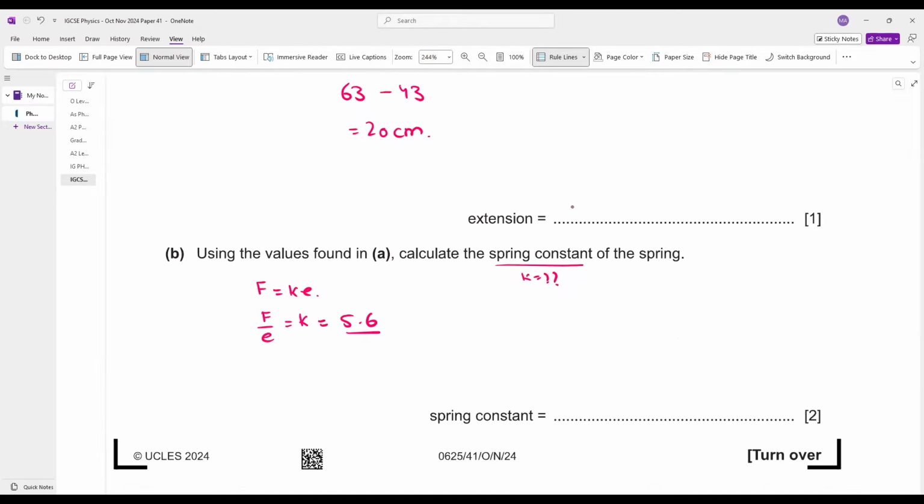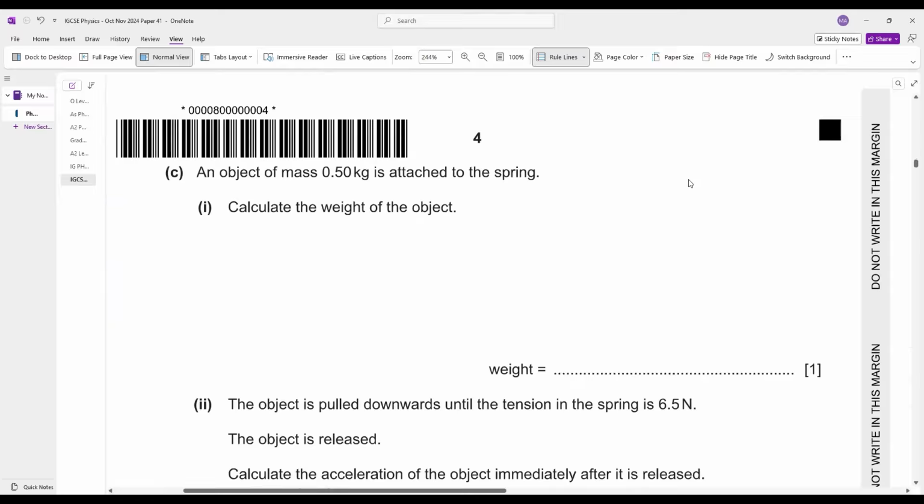I put 20 centimeters. The force was 5.6 Newton. Can you calculate the value of k? Yes, 5.6 divided by 20. This comes out to be 0.28 Newton per centimeter, your spring constant. Easy peasy lemon squeezy. Let's move ahead.